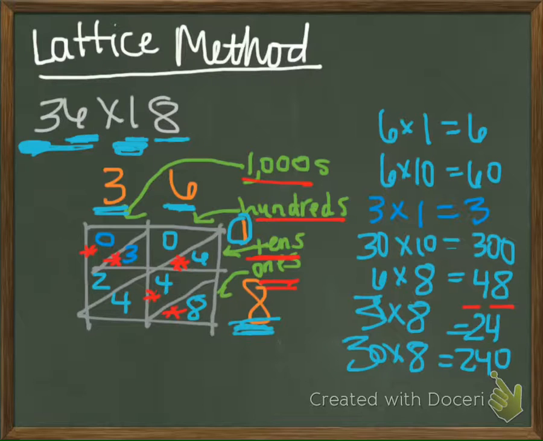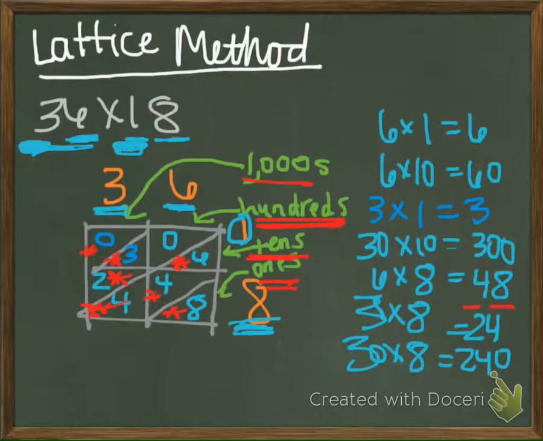Alright, so then we have, as you can see, the 4 right there in the tens, and the 2 in the hundreds. There we go. And now all we have to do, our last step, is to add.